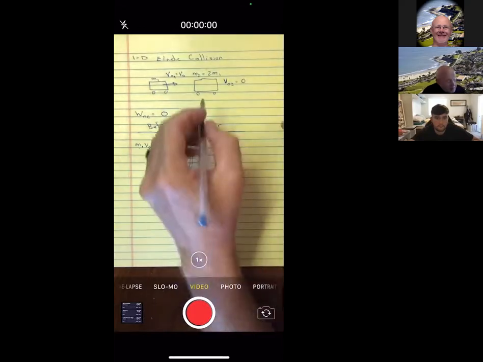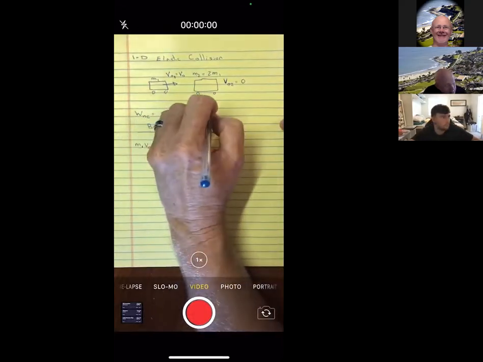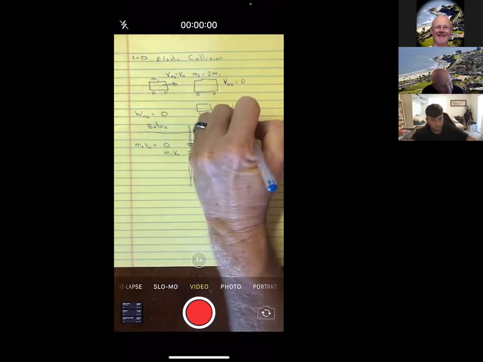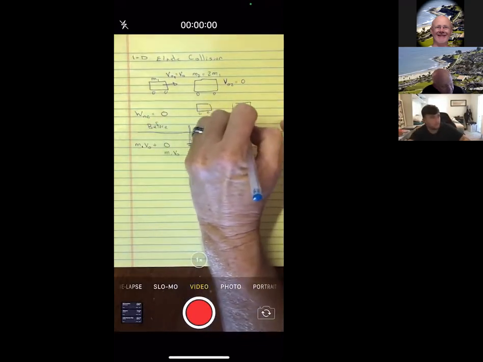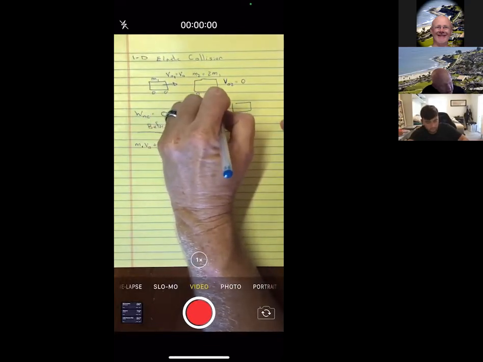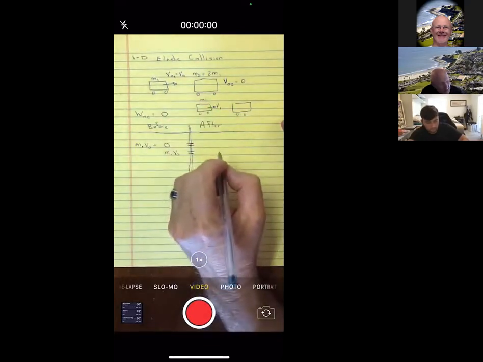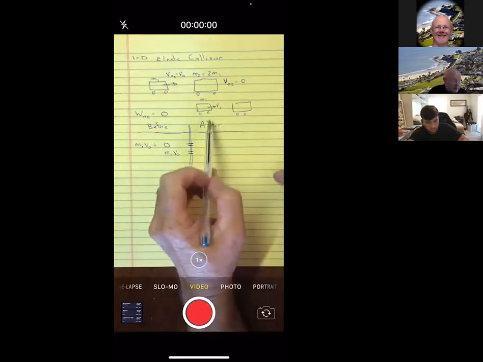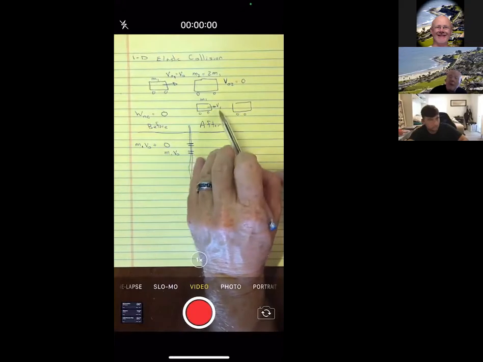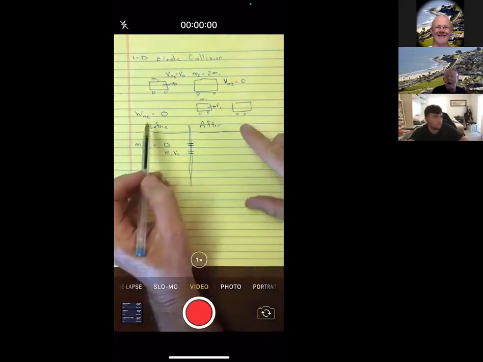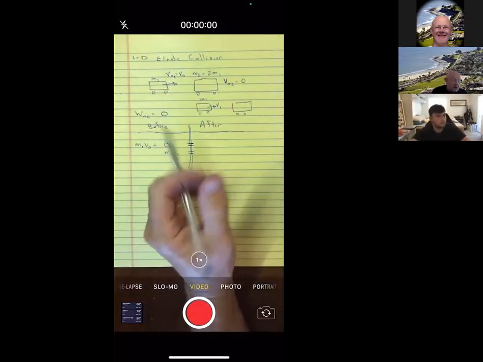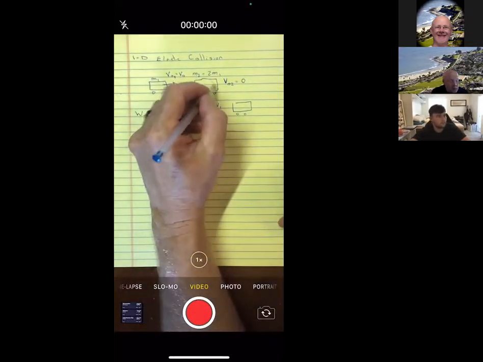So maybe in my picture here, I'll draw a picture of after the collision. So I have this M1, and it'll be moving with a speed of V1. And even though I'm going to draw it in what I'll call the forward direction, keep in mind that this could be bouncing off, which often happens when you hit something that is more solid.